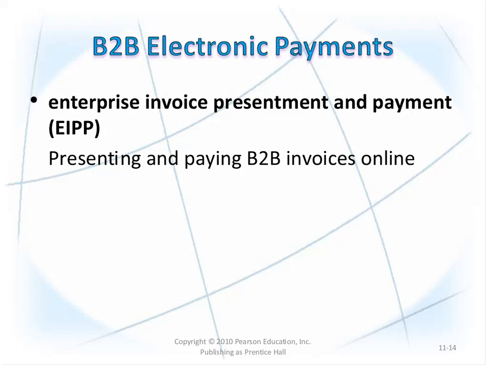For example, this one is for presenting invoices and also for paying the invoices online. These are some institutes or financial institutions to prove and check these processes, and some of them help to make these processes more and more secure.